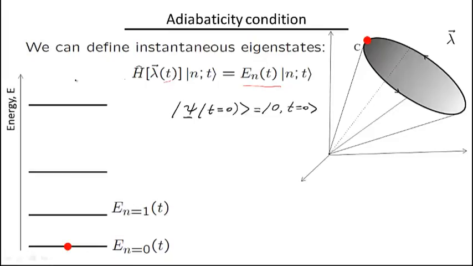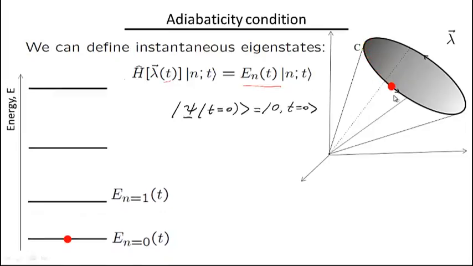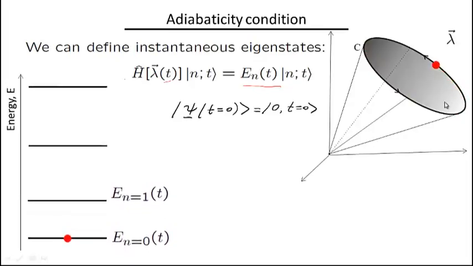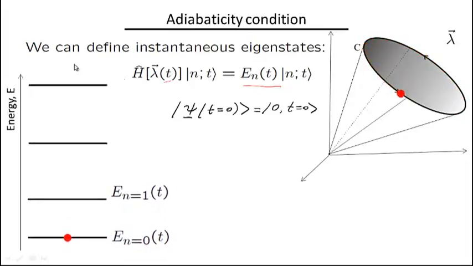That is to say, we will define a slow perturbation such that it does not induce transitions. So basically what happens here is, let's say this is the parameter lambda at t equals 0, and we have our initial state, the ground state with n equals 0. And as I change my lambda with time, these energy levels start to move.